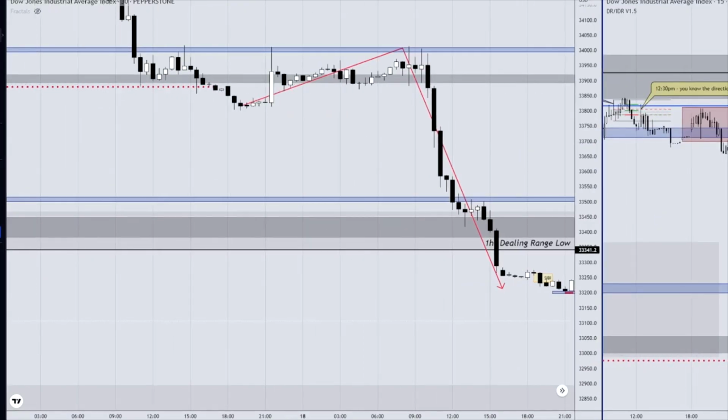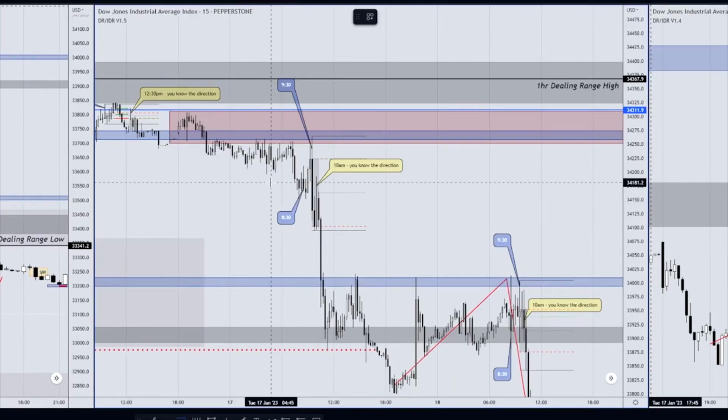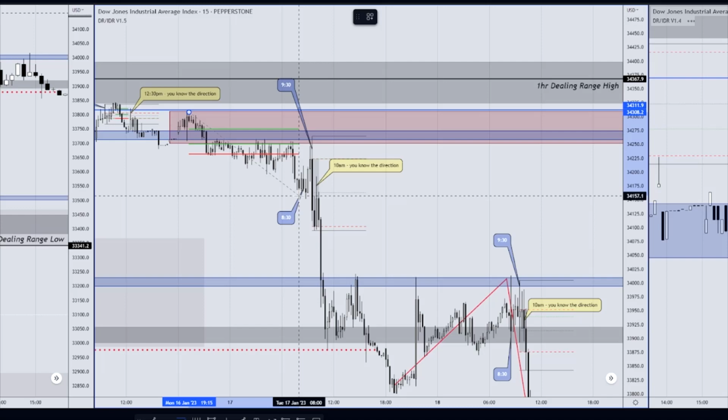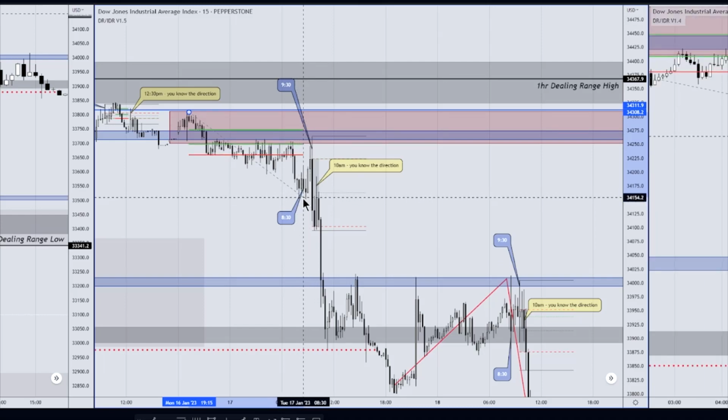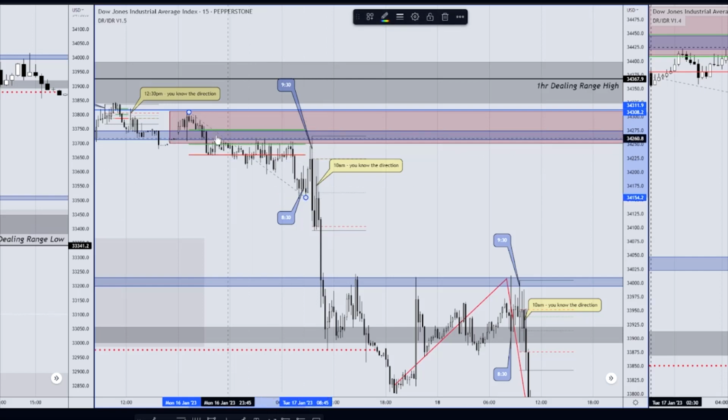If I put a fib on that, let's have a look, see what happens. Where do we mark our X? From this high, let's just take it from this high all the way down to this low. Look at that. 60% retracement right in that area.